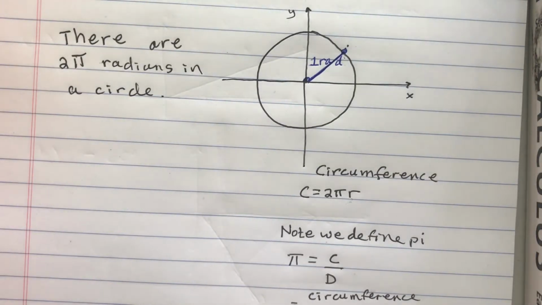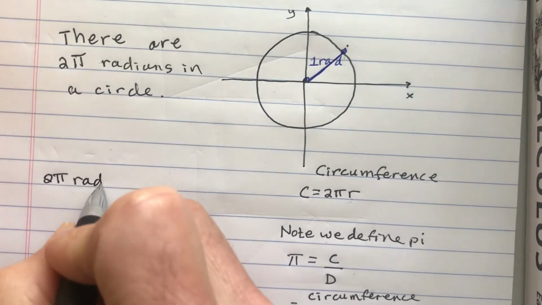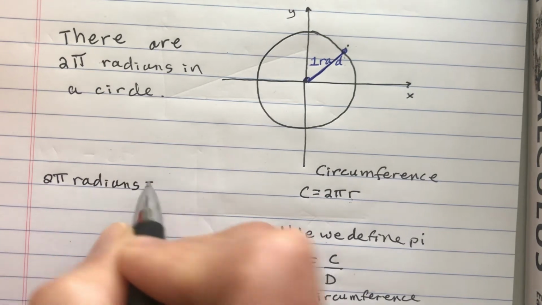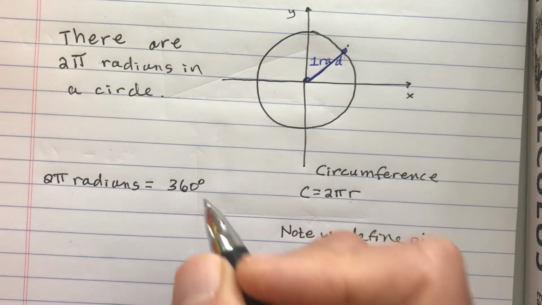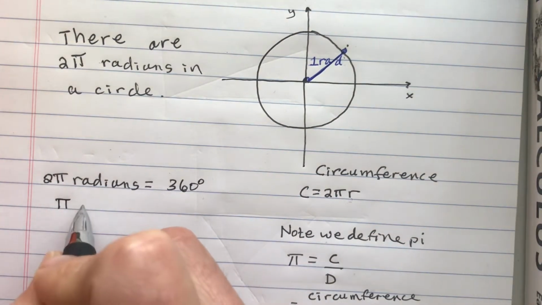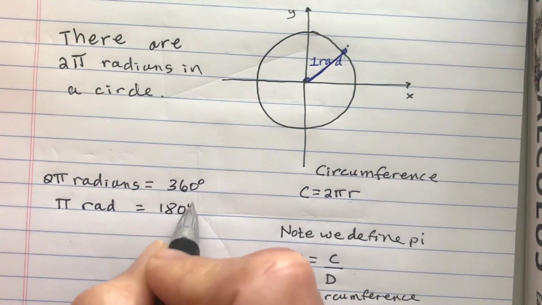Okay, so if we can believe that and buy into that, then we can see that 2 pi radians is the same as 360 degrees. And if you divide by 2, we get pi radians is equal to 180 degrees.